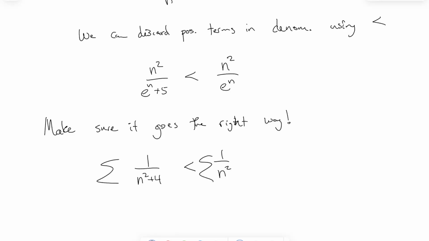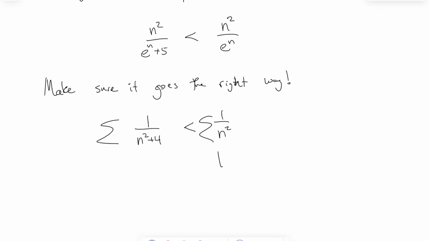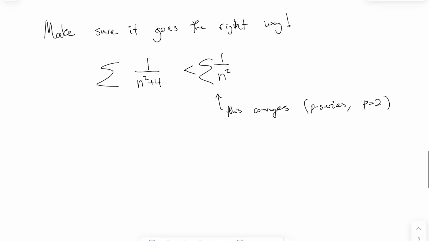So that is less than that, and this converges because it's a p-series with p equals 2. Remember the rule for p-series is if the p is greater than 1, it converges. And so that means that's the bigger one, and then the other one also converges. That actually is a proper use of the comparison test.